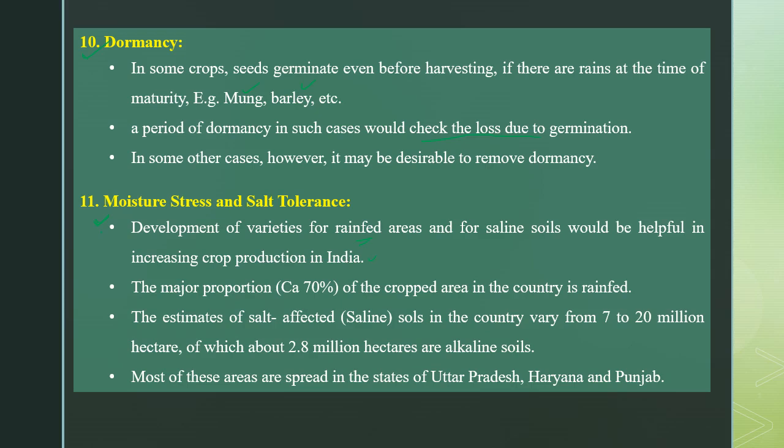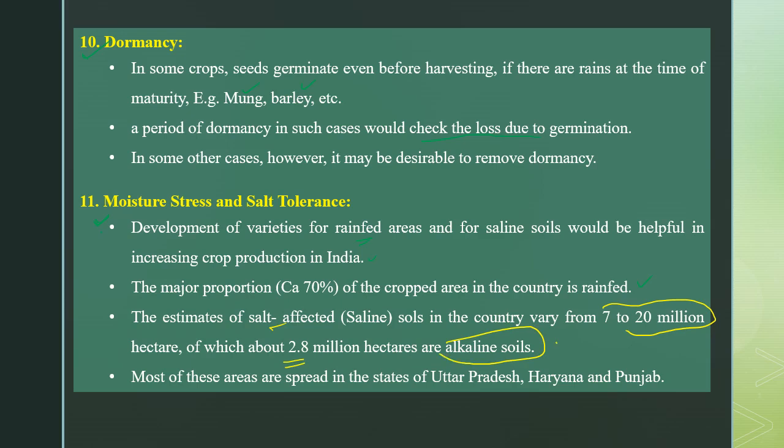The major proportion of the cropped area in the country is rain-fed. If we go by estimation, the soil-affected area of India is about 7 to 20 million hectares, of which about 2.8 million hectares are alkaline soil.